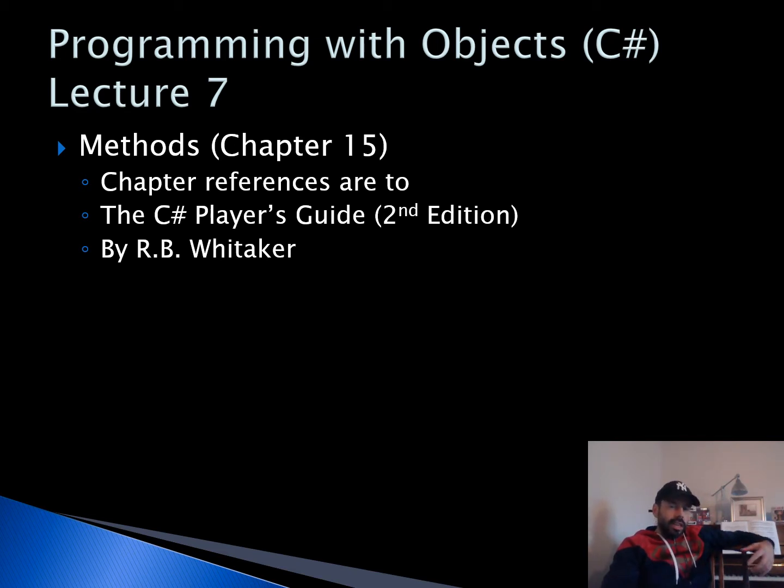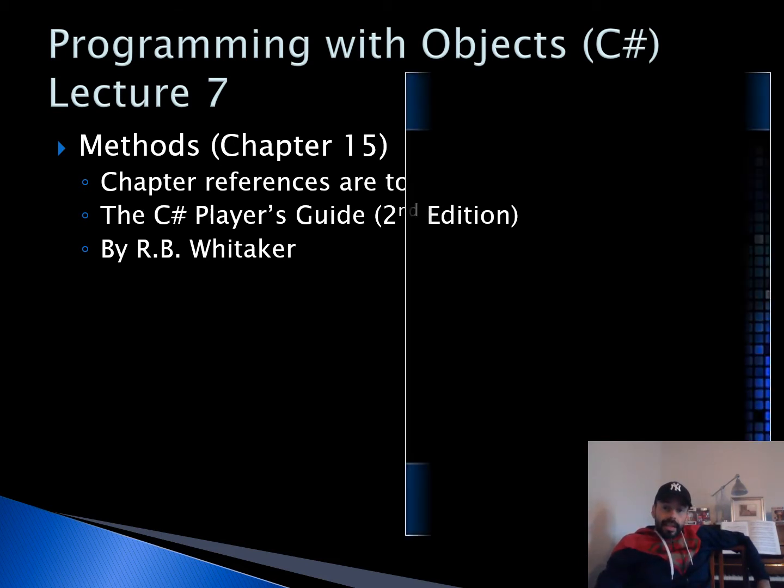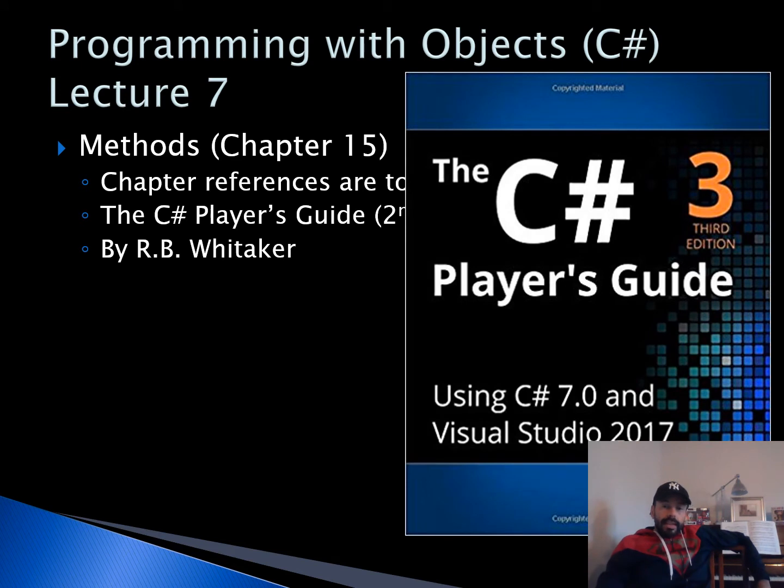So I would say you've got to read a book, you've got to do lots of practice, and there are many ways to learn constituents of programming. And if you can read a book at the same time, brilliant. But Martin is going to do some summaries. So that's chapter 15, methods in the book, and that's the book that we've been following this entire time, the C# Player's Guide.